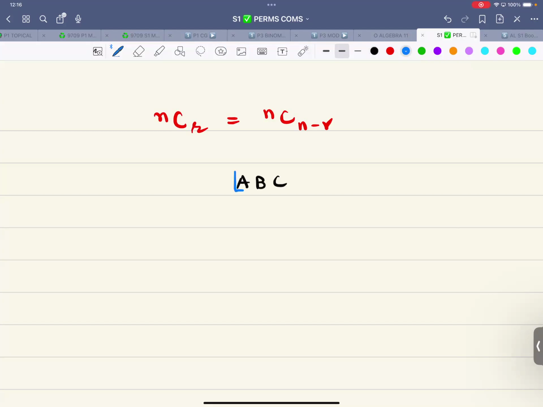If I select one of them, if I form a group of 1 person, automatically a group of 2 of them is formed. So 3C1, which comes out to be 3, is the same thing as 3C2. If I separate out 2, the answer is also 3. So over here, this 1 and this 2 add up to this 3.